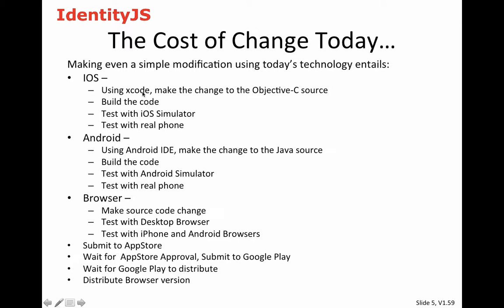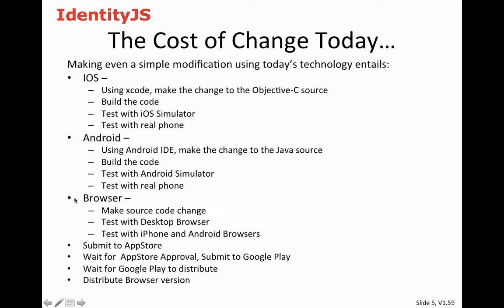You have to then build the code, test with the iOS simulator, and obviously you'd also want to test with the real phone. Then on the Android side, you'd be doing basically the same thing, but totally differently because it's different technology. So you'd be using the Android IDE, making the same changes to the Java code, build that code, test with the Android simulator, test with the real phone.